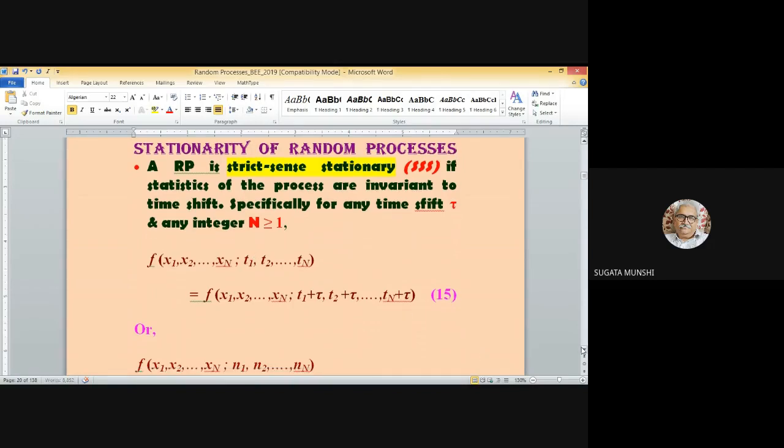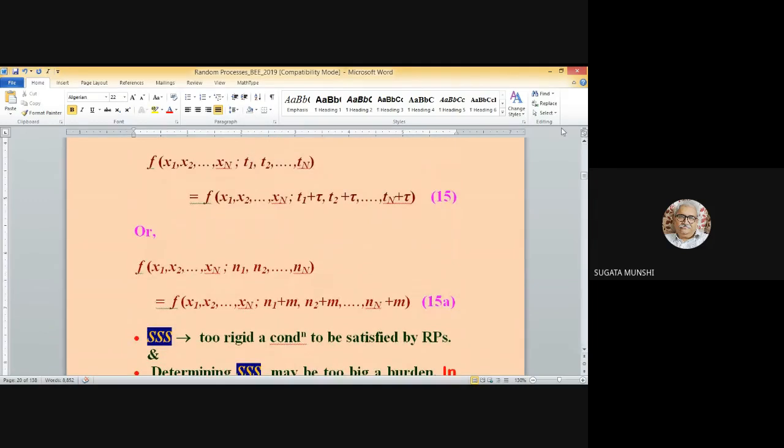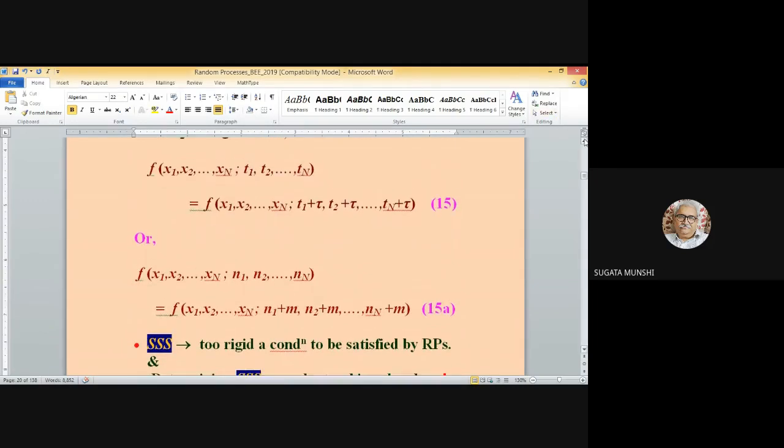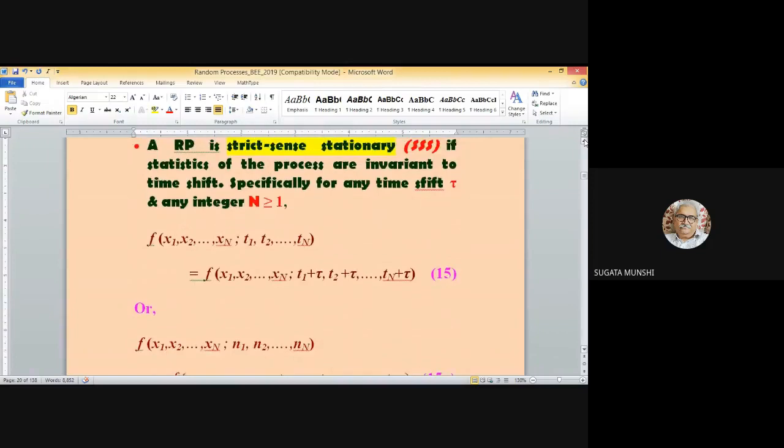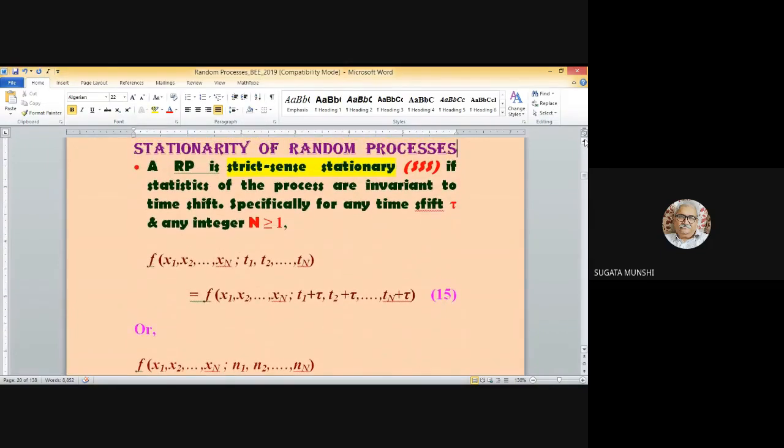In case of the discrete time random process, this is the expression. So this definition of stationarity, it's nice to hear that the statistical properties will remain unchanged under time shift. But the mathematical implication revealed by equations 15 and 15a raises the apprehension that it is too rigid a condition to be satisfied by any random process, firstly.